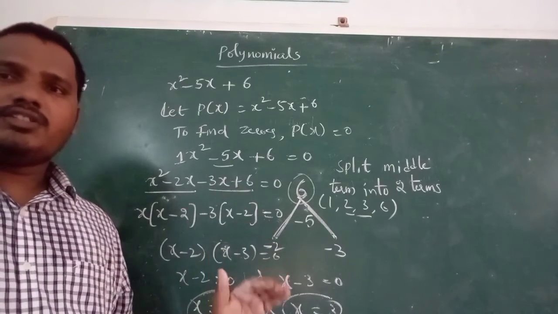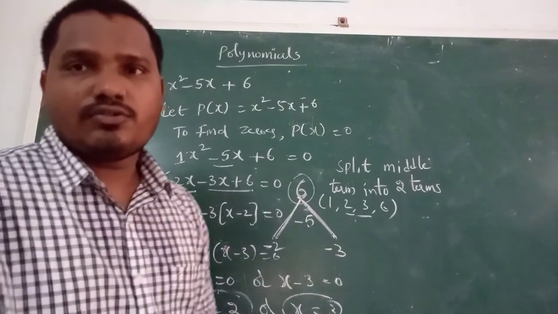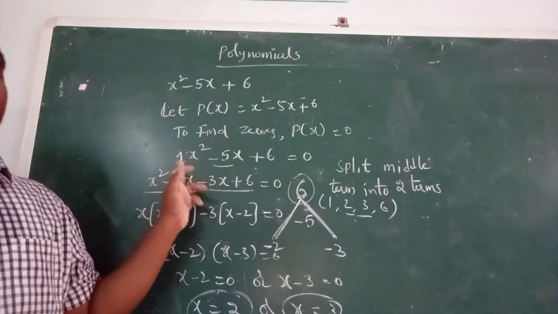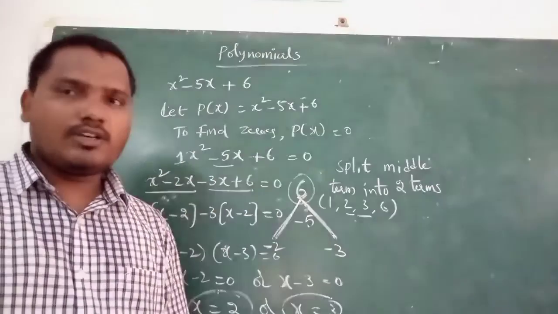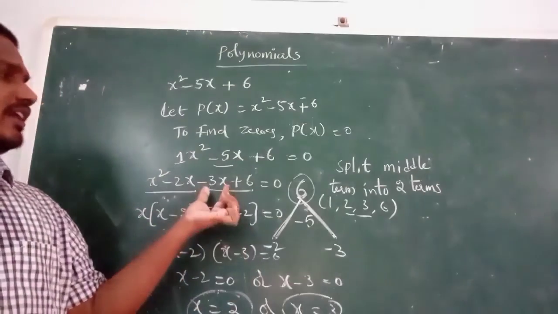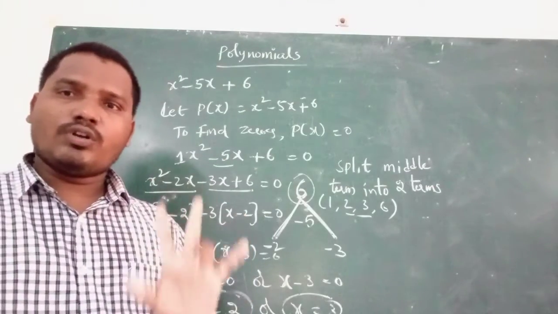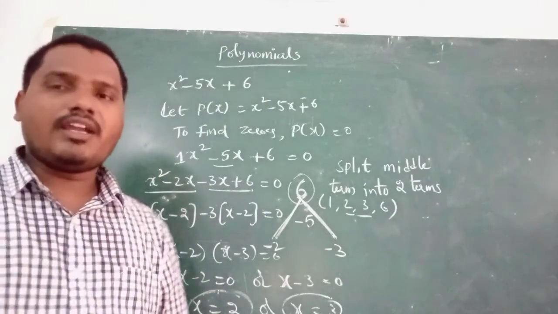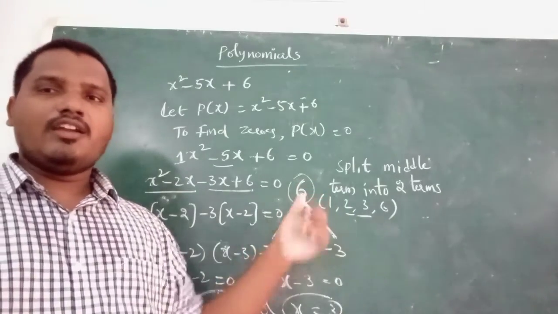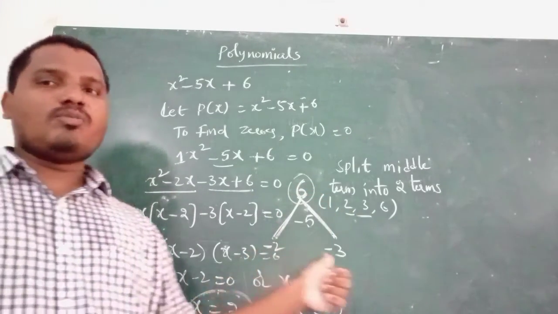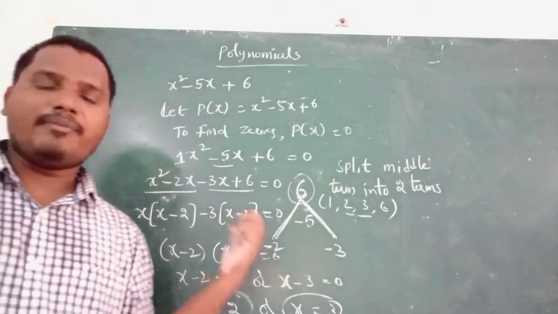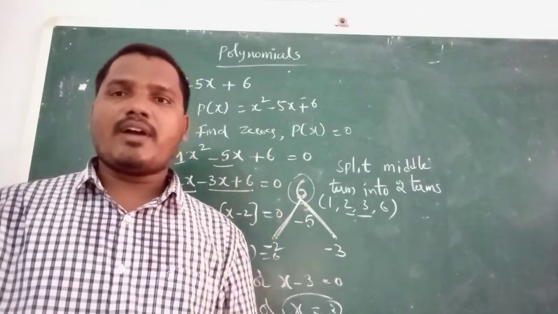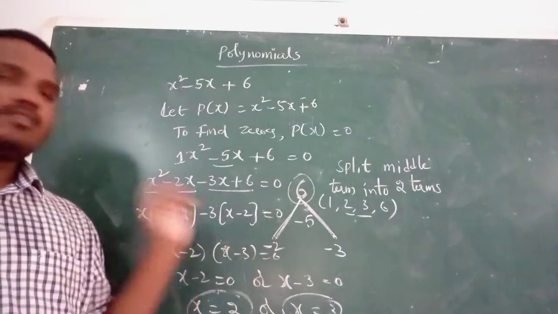For finding the zeros, let p of x is equal to 0. Then x square minus 5x plus 6 is equal to 0. Split the middle term into two terms: minus 5 can be split into minus 2 and minus 3. X square minus 2x minus 3x plus 6.